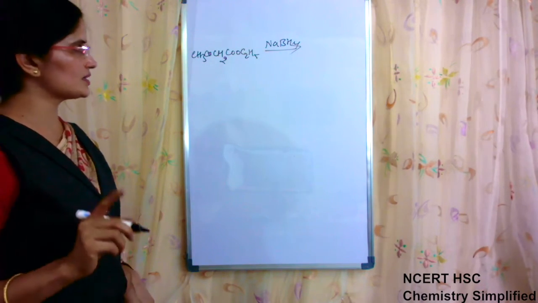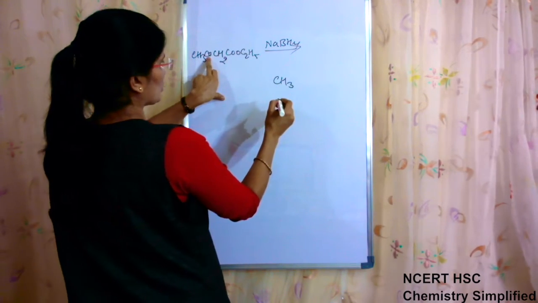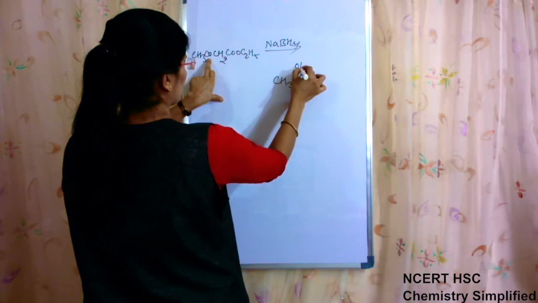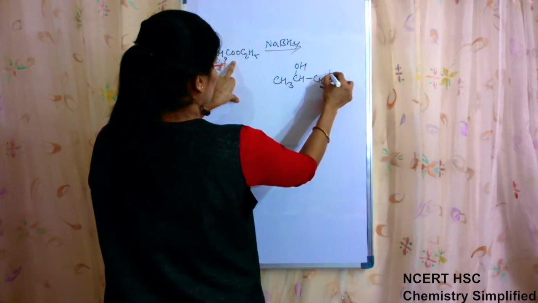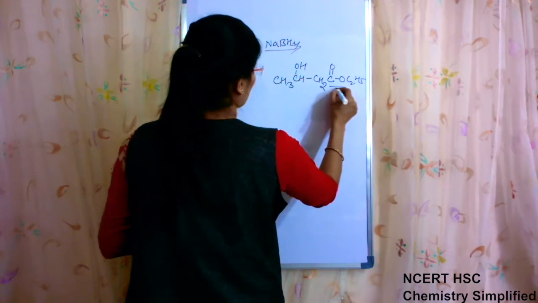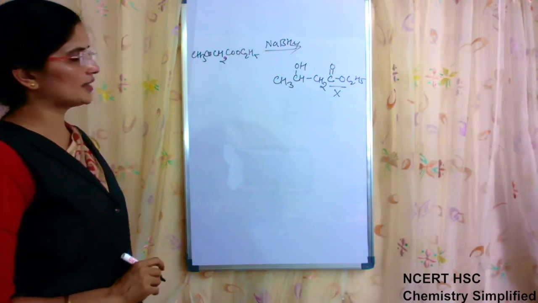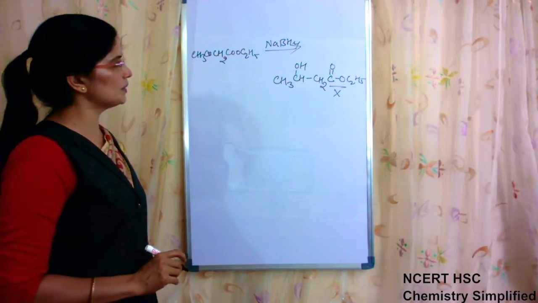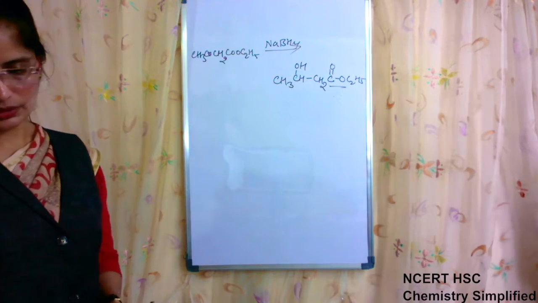Sodium borohydride is a weak reducing agent, so the CH3CO ketonic group will be reduced to alcohol, and because it is a ketone, it will be a secondary alcohol. CH2C double bond O, C2H5. The ester group is not affected by sodium borohydride. It can only reduce aldehydes and ketones. So this will be the product. Okay.